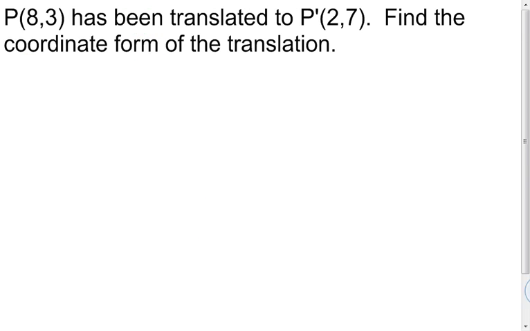Now my last example here. On this one I'm giving you the pre-image, I'm giving you the image, and I want to find the coordinate form of the translation. So how far do we have to move left or right? How far do we have to move up and down? I'm going to take my point P that's at (8, 3).